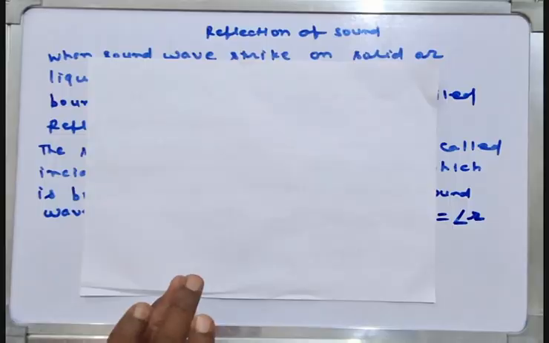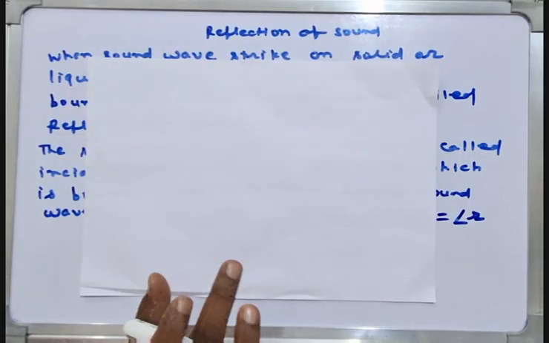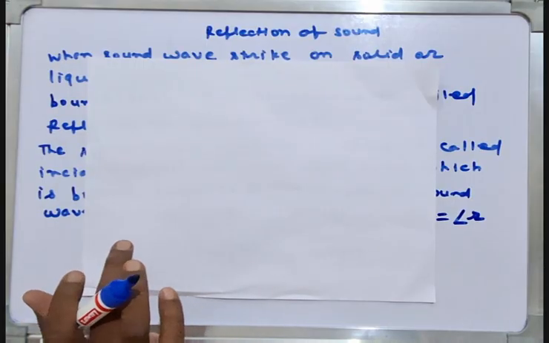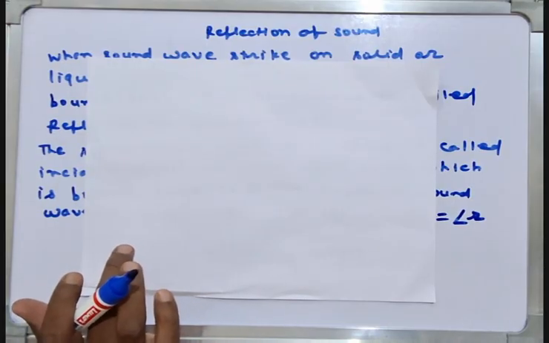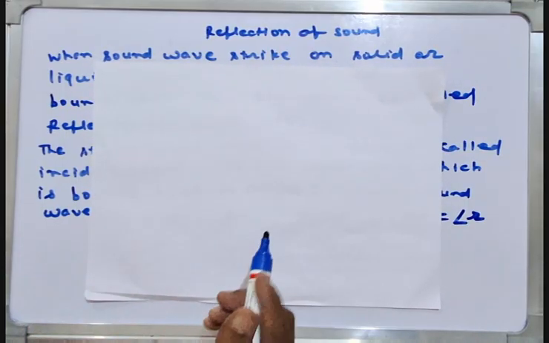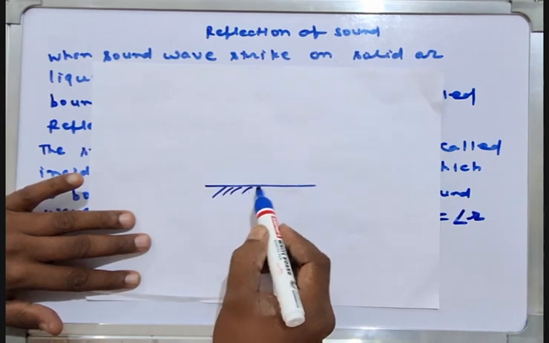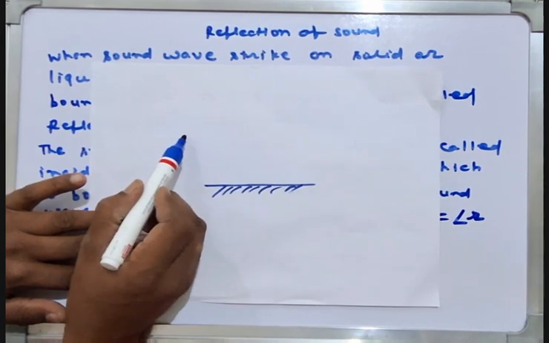There is no height on this paper, so we say this one is two-dimensional or one plane. Okay, now suppose we draw the surface here.